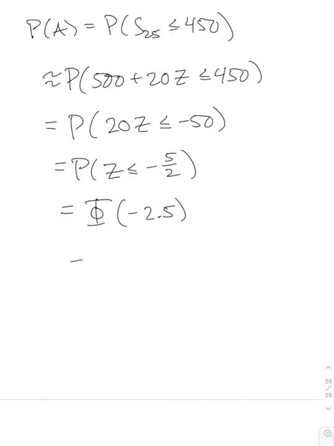So we want to rewrite that as 1 minus phi of +2.5. Now we can look on a table to approximate that. And we get that it's approximately 0.006. So 0.6% chance that he's going to get that much grading done.